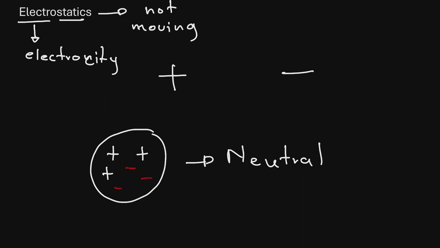But if an object has more negatives than positives, the negatives and positives will cancel out, but we're going to remain with one negative that is not attracted to any positive. Therefore, that negative will be in excess.